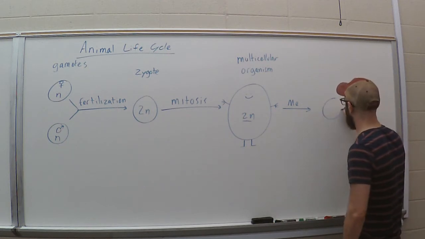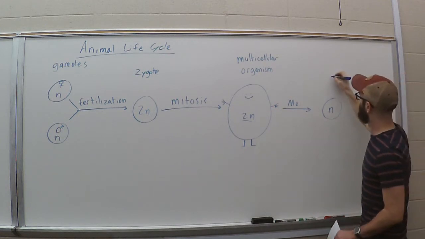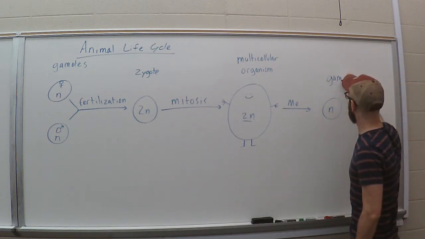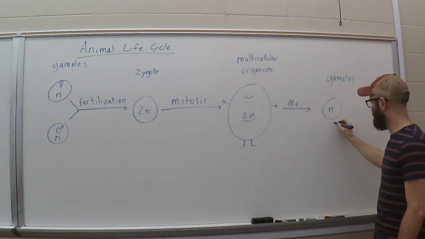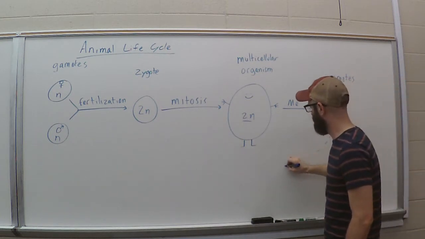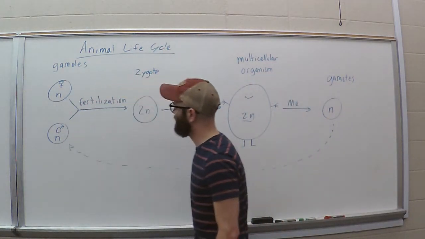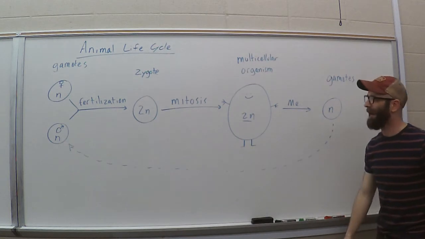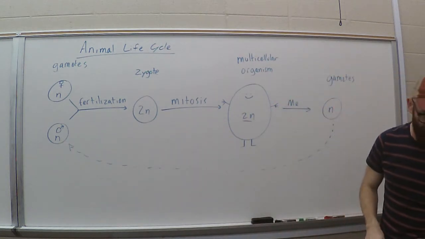Those gametes are haploid. And then this gamete can then go on to fuse with another gamete to make a zygote, and so on and so on.